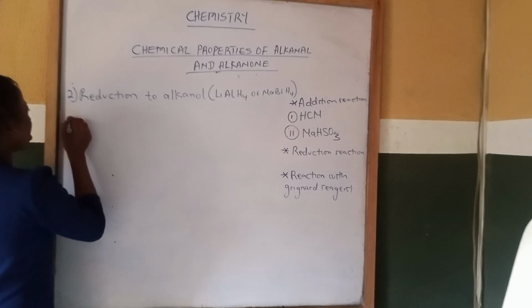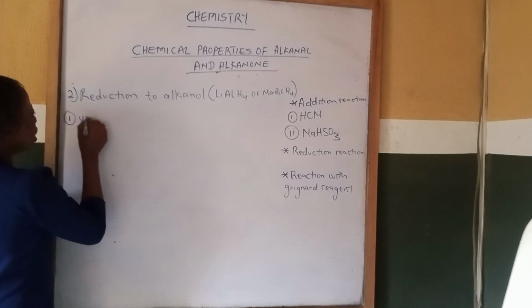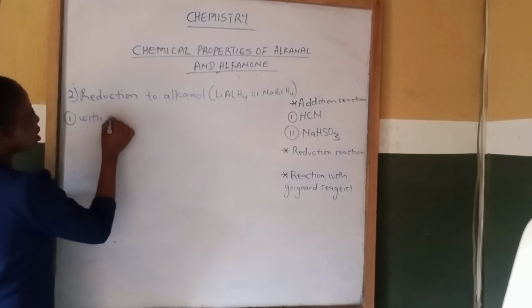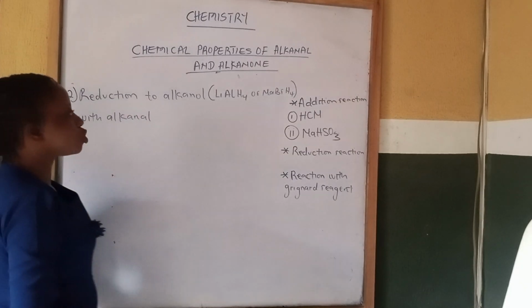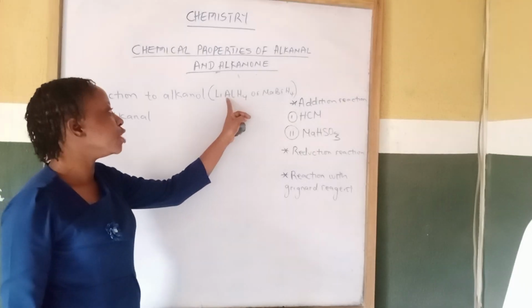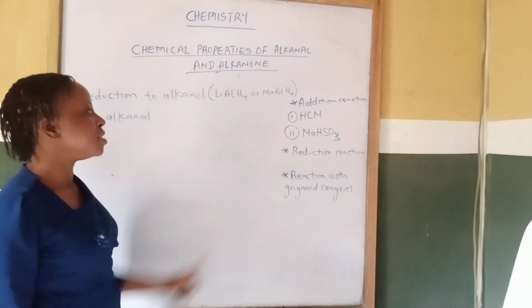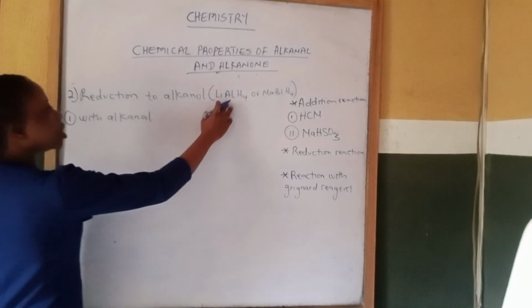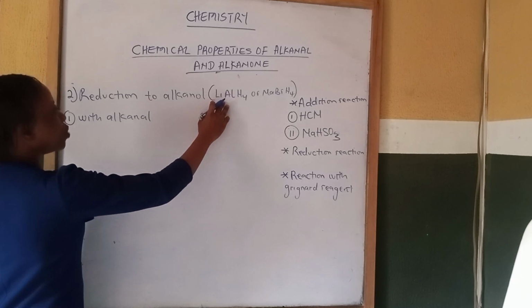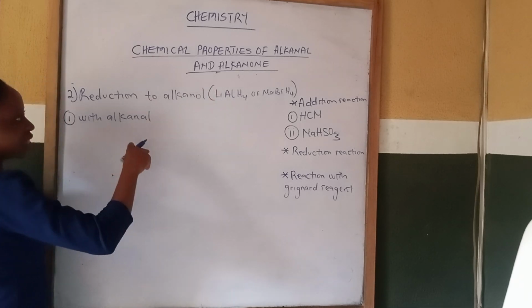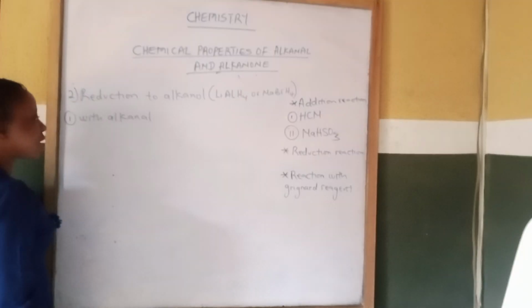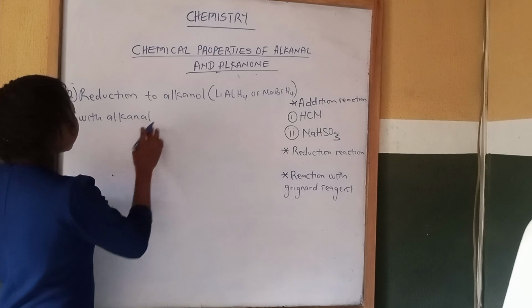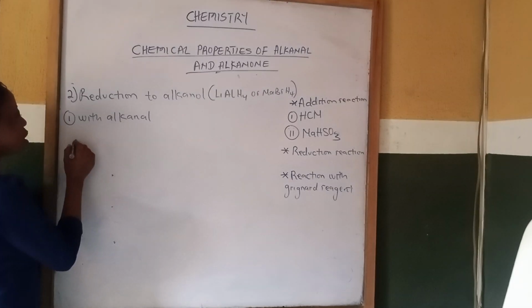Then let's take the first example with alkanal. We can call this reaction catalytic hydrogenation because hydrogen will be added as a reducing agent from either of these two, the two reducing agents.